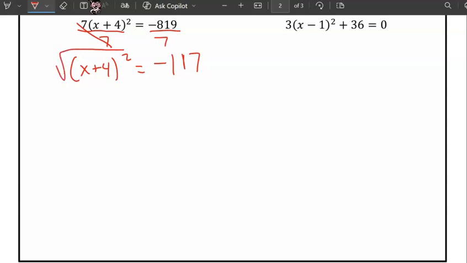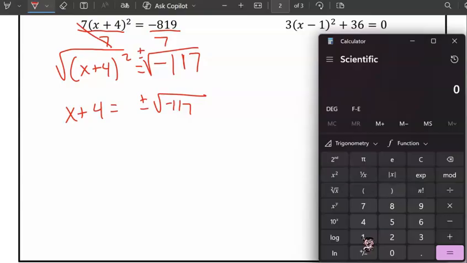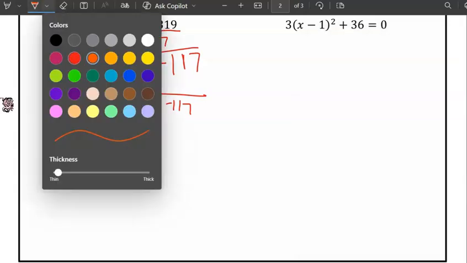And then we're going to take the square root of each side, plus and minus. X plus 4 equals plus or minus the square root of 117. Let's see if we could divide out any of those perfect squares. It's an odd number, so we cannot divide out 4. We could divide out 9, though, and an i. So let's do that off to the side.